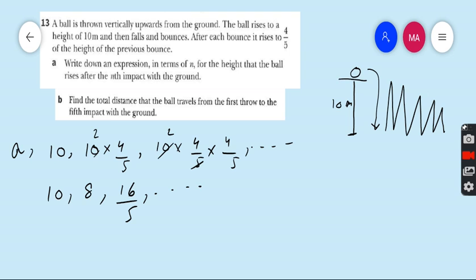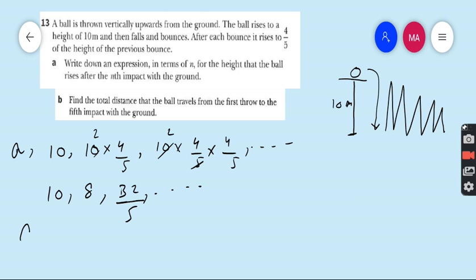Now check what the ratio is. 8 upon 10 is 4 upon 5. 32 upon 5 divided by 8 is 32 upon 5 times 1 upon 8, and 8 fours are 32. So this is a geometric sequence.